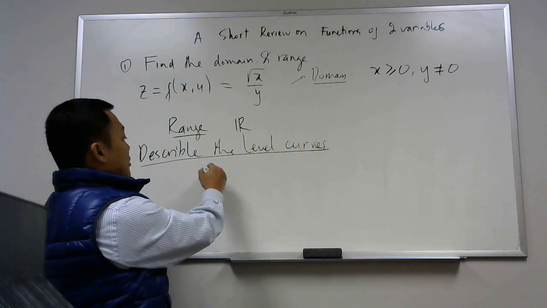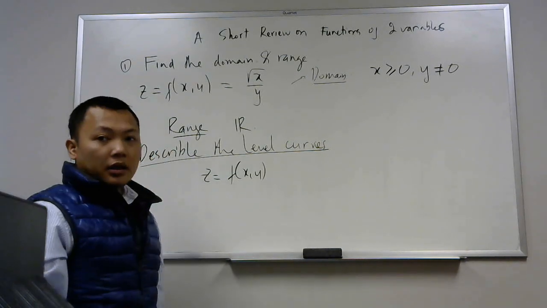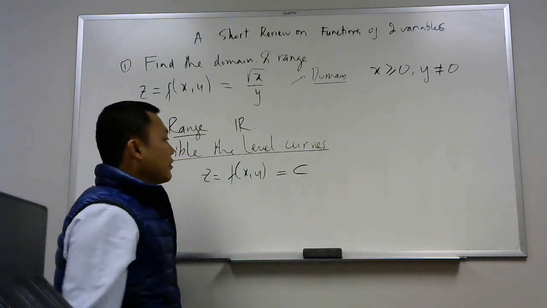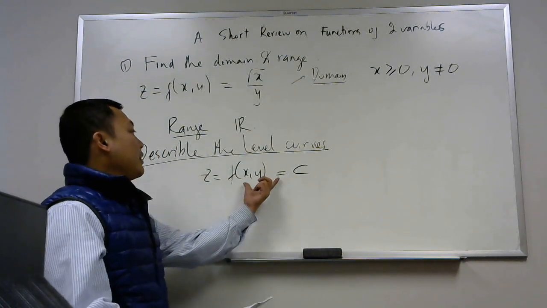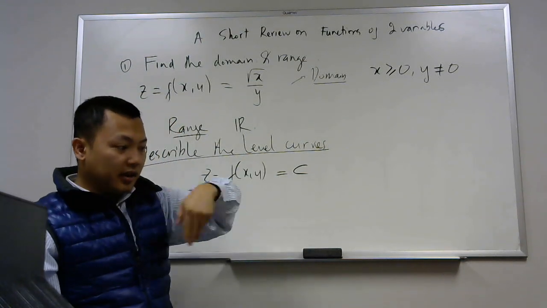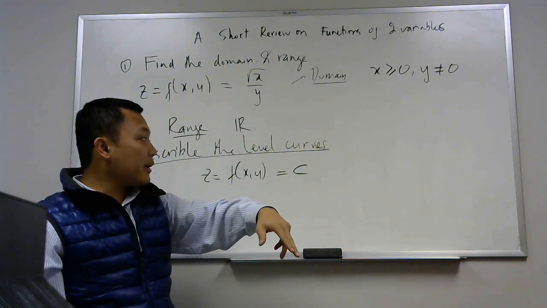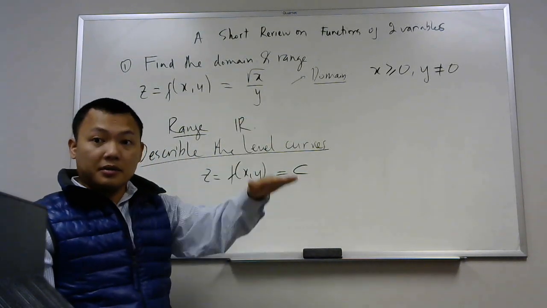If you have a function z equal to f of x, y, level curves means you just put this equal to c, where c is some constant, and it turns out that f(x,y) equal to c is some curve in the xy plane. So that is your level curve. When you change c, you have different level curves.